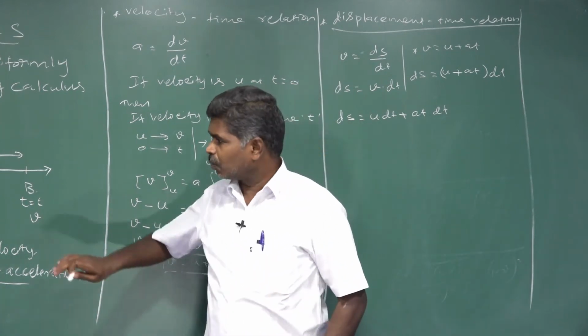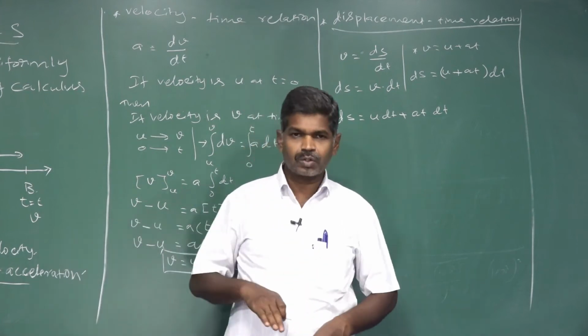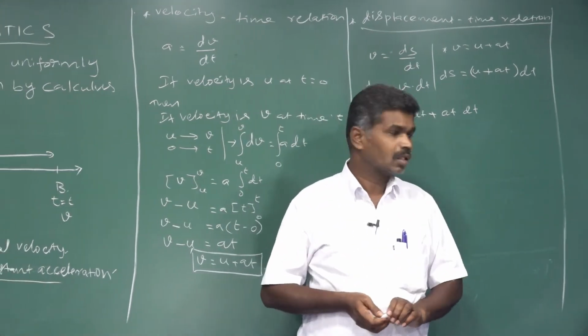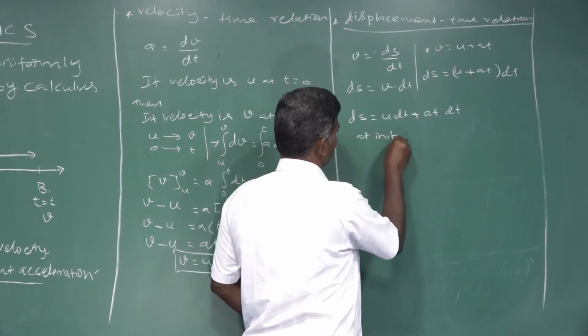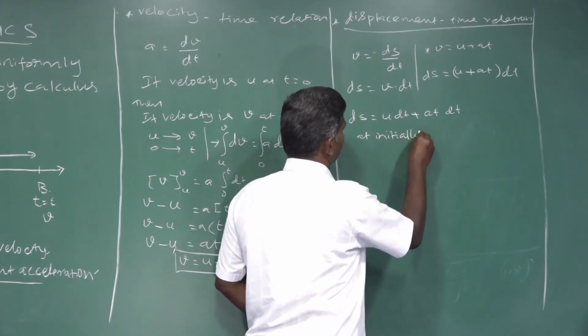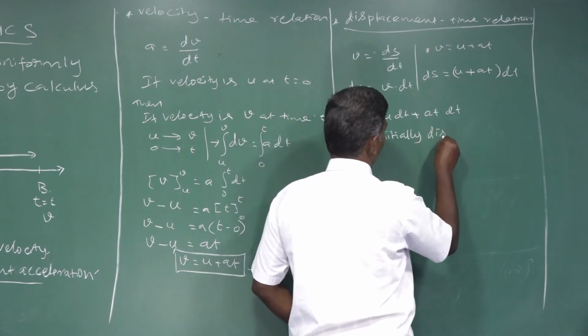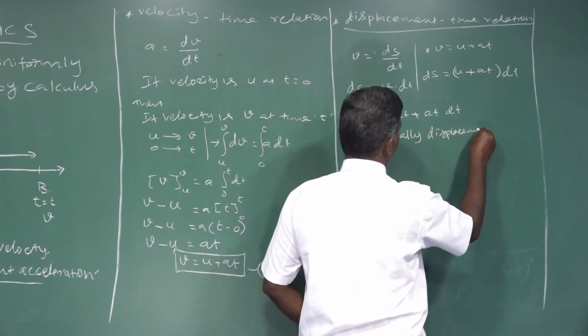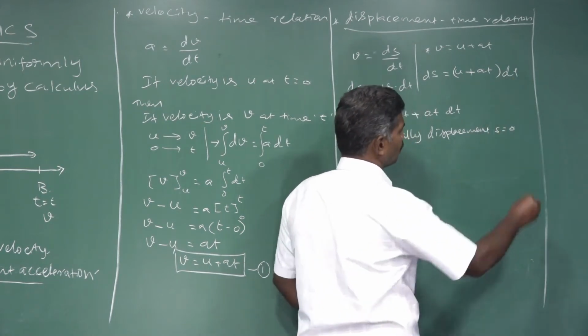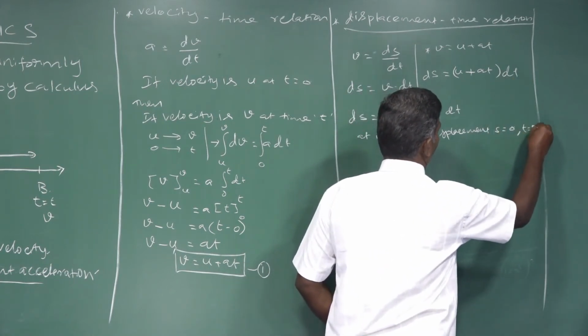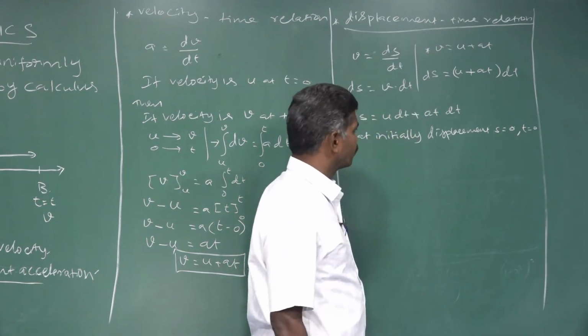Suppose the particle is at the initial position. Initially the displacement value s is equal to 0. There the time can be taken as t is equal to 0.